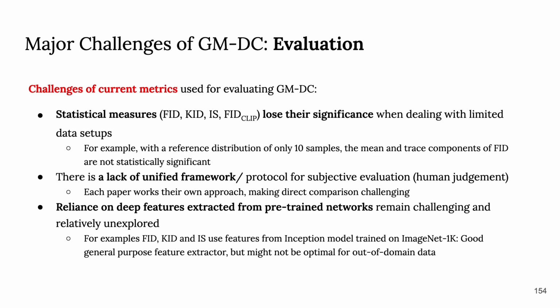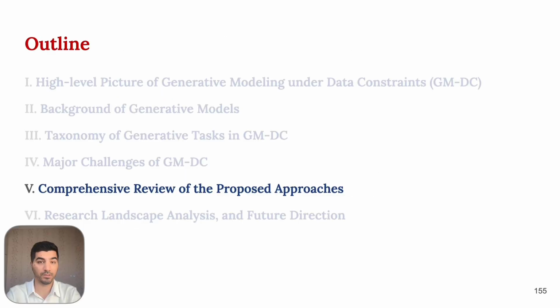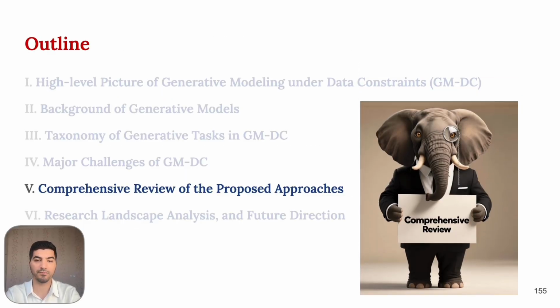For example, as we discussed before, FID is using Inception features, and the Inception model is trained on ImageNet 1K. This could be good as a general purpose feature extractor, but might not be optimal for out-of-domain data. Next, we start our comprehensive review of proposed approaches for generative modeling under data constraints.